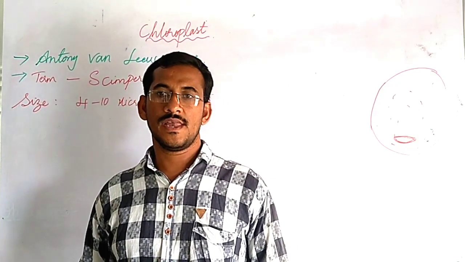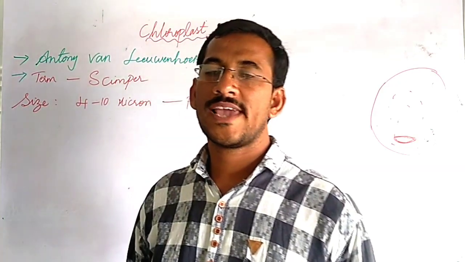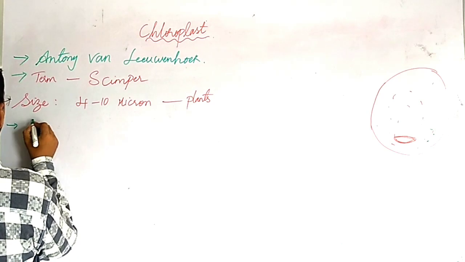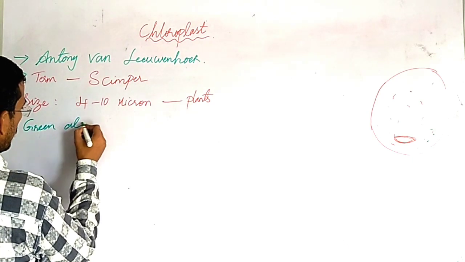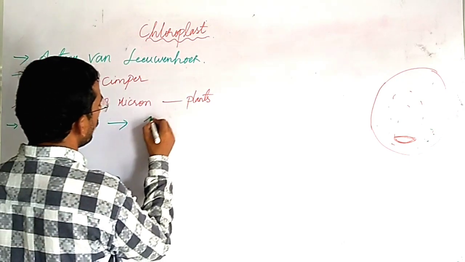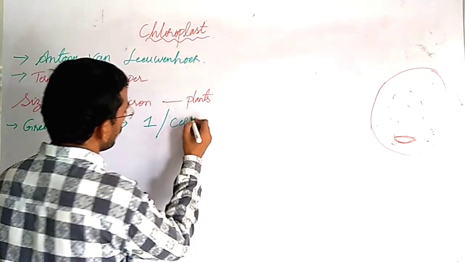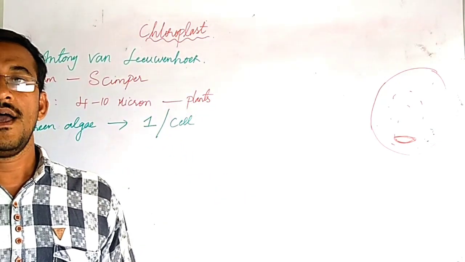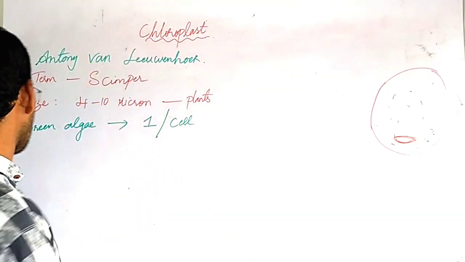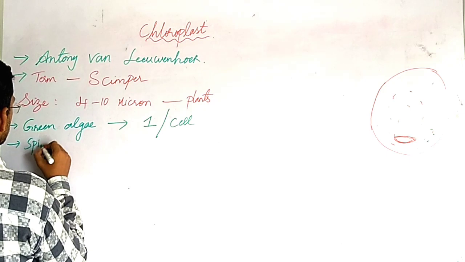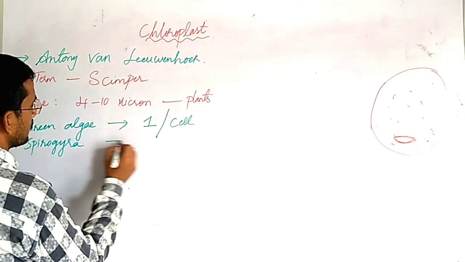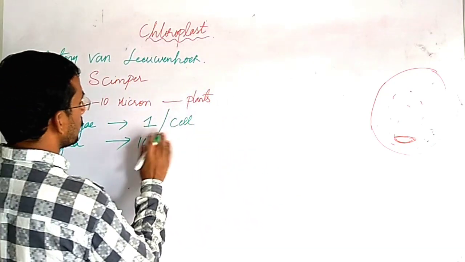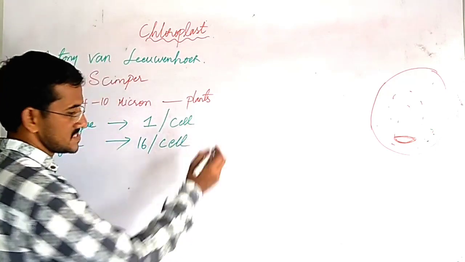Let us come to the number. In green algae, only one chloroplast is present per cell. In Spirogyra, 16 chloroplasts are present per cell.